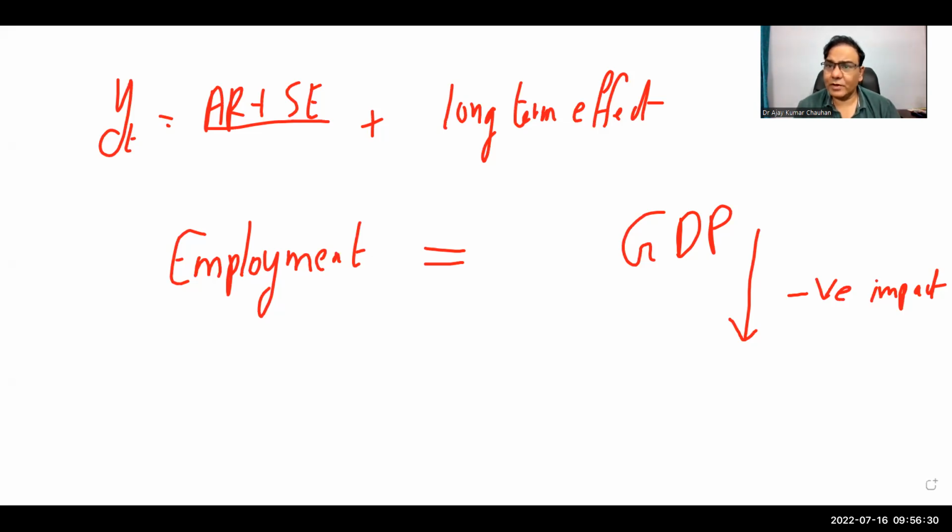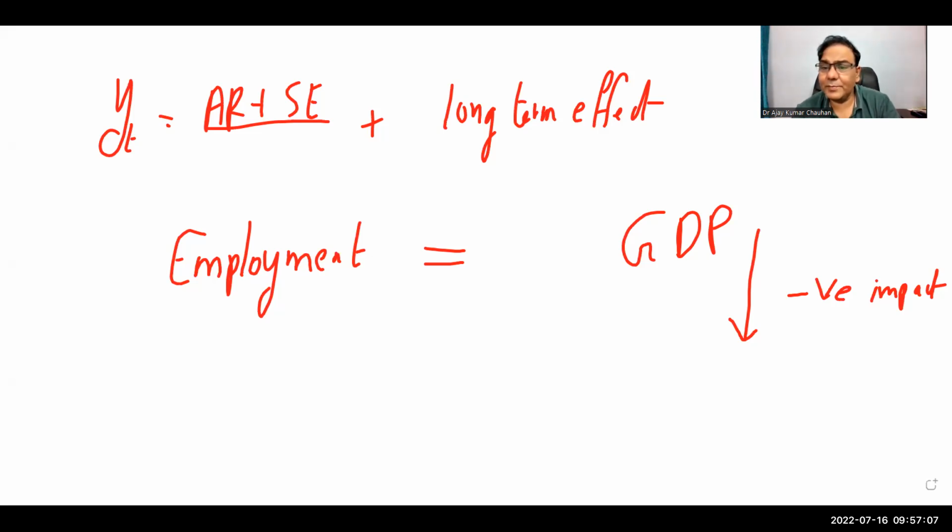Therefore, 90% of the companies started removing the people, or started decreasing the salary. You have heard that the salary is declining by 20%, 30% in almost every company. So every company reduces the number of employees. So this is the impact of negative movement of GDP.